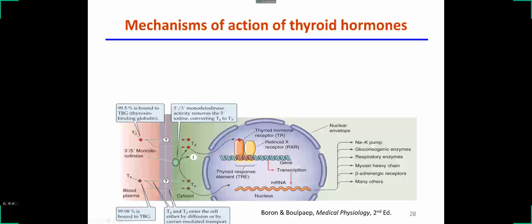Now, remember, we also said about 5% of thyroid hormone is also made as T3 directly. It has only a half-life of 1 day. T3 in the blood is bound to TBG. And in this case, you don't need conversion by monodeiodinase.